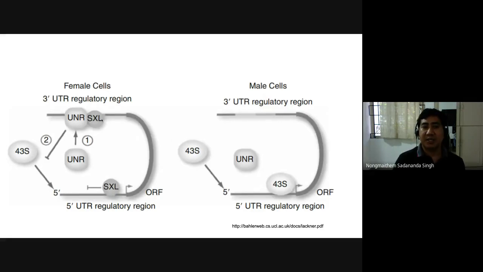One is it interacts at the 3' UTR as well as the 5' UTR and doesn't allow the binding of 43S, the ribosome complex that is ready to initiate, so it doesn't allow the ribosome to translate. That is one way to regulate.